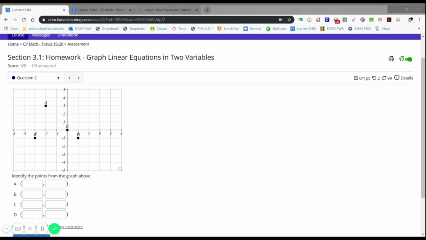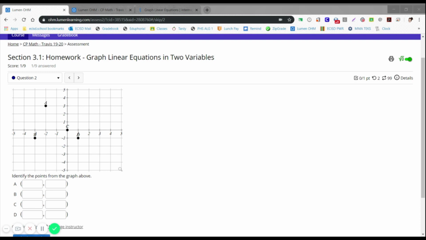If the X value is 0, then you don't move left or right, you stay in the center on the Y-axis. If the Y value is 0, then you don't move up or down, you stay in the middle on the X-axis. It's very common to get the zeros mixed up. Just remember that if one of the points is 0, then it's on the opposite axis.